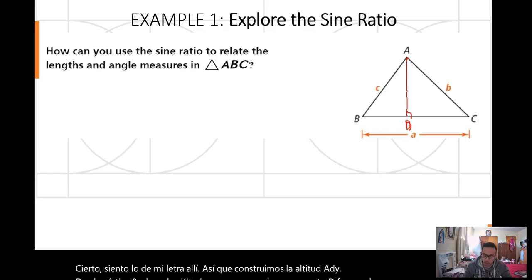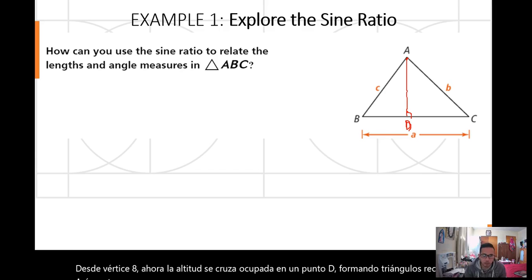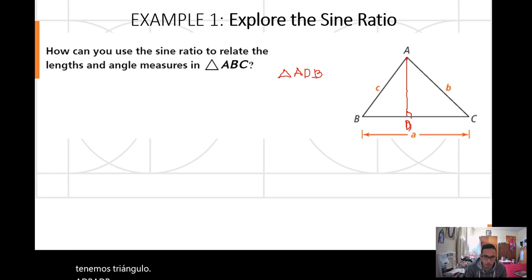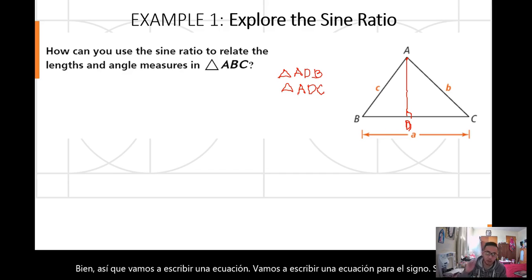So now you have two triangles here. We have the first one, triangle ADB, and also triangle ADC. Now we are going to write equations for sine B and sine C using the right triangles.